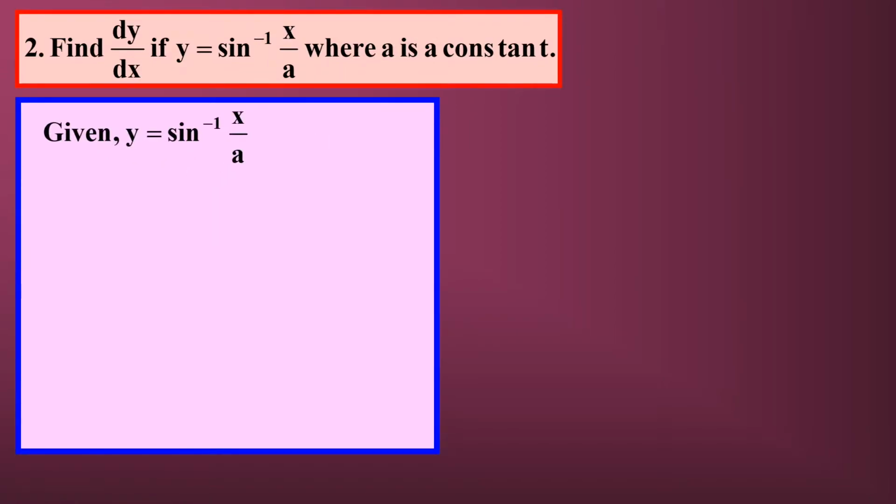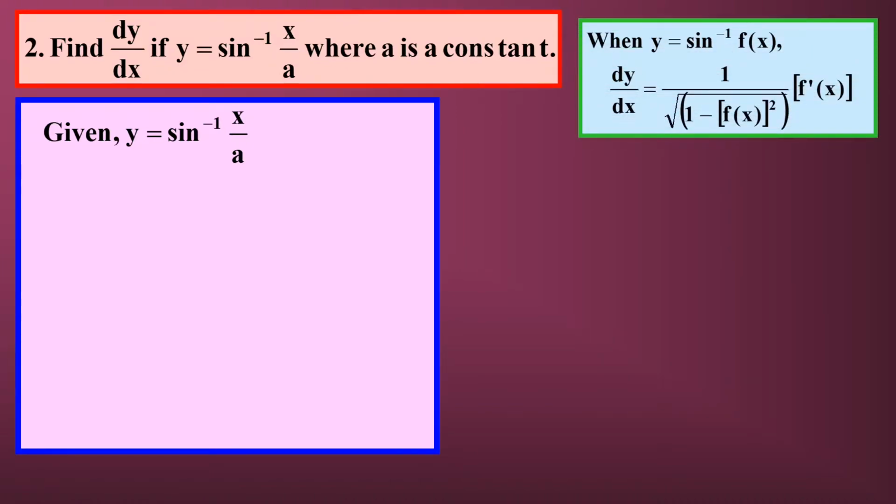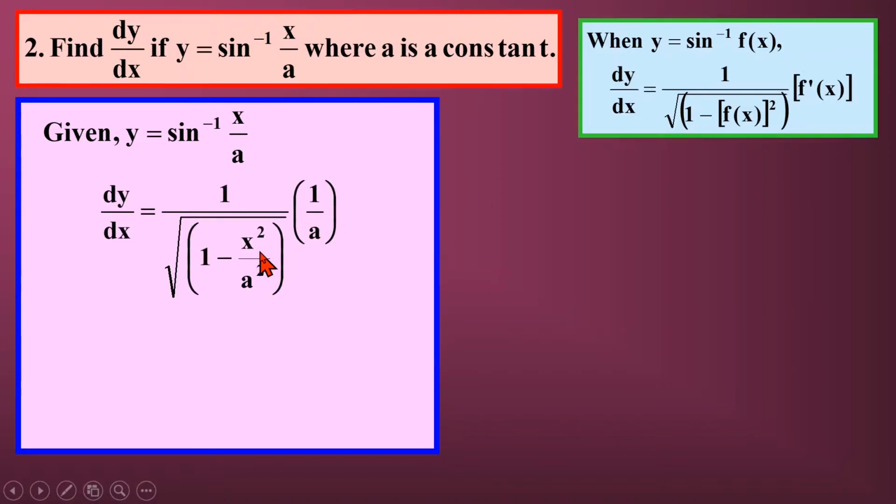Let's consider this question. The one that I have is y equals to sine inverse x over a. What you need to do now is use this formula, fill them in. So 1 over square root 1 minus the function. So for this case, the function is x over a.